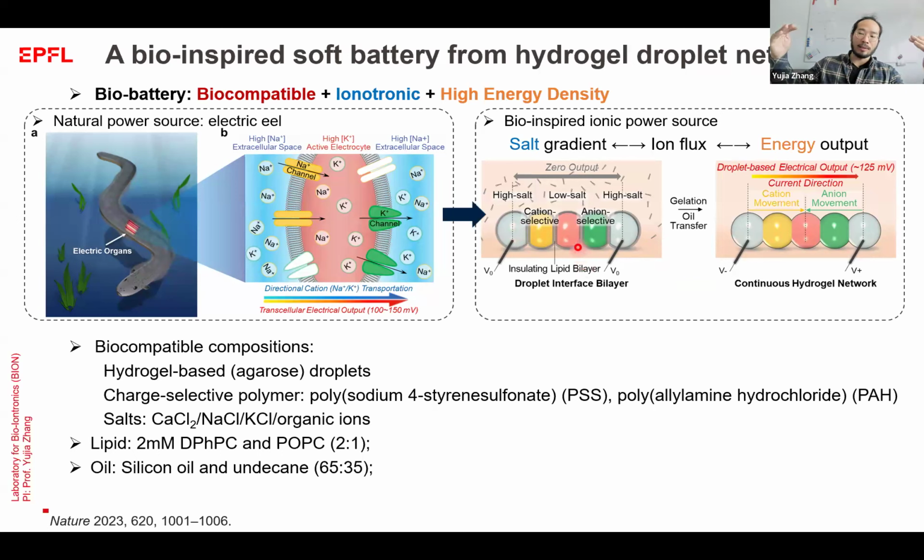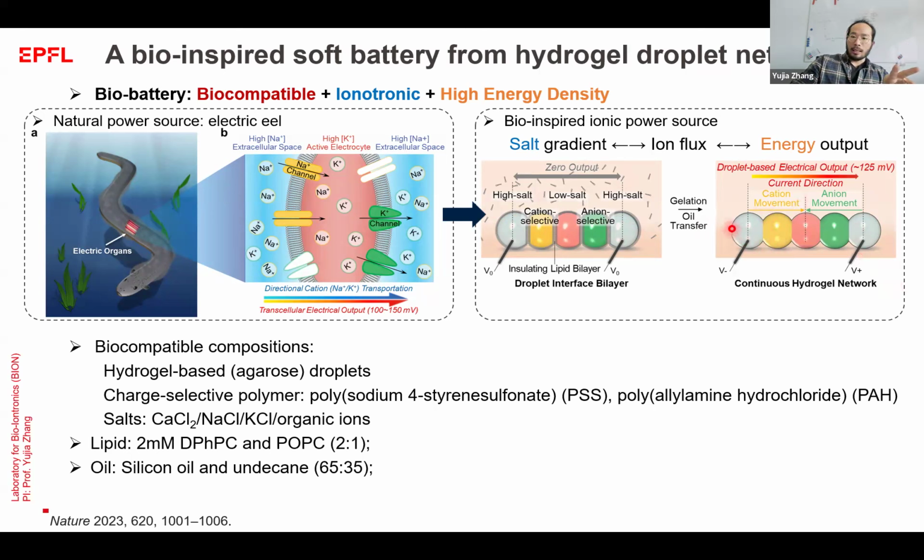So we have a salt gradient from the two ends to the middle, and in between, as shown here in the yellow and the green droplets, we have a cation-selective polymer and an anion-selective polymer. Only cations can move from left to the middle, and only anions can move from right to the middle. By combining this together and triggering the gelation, which ruptures the DIBs, we can form this continuous hydrogel network.